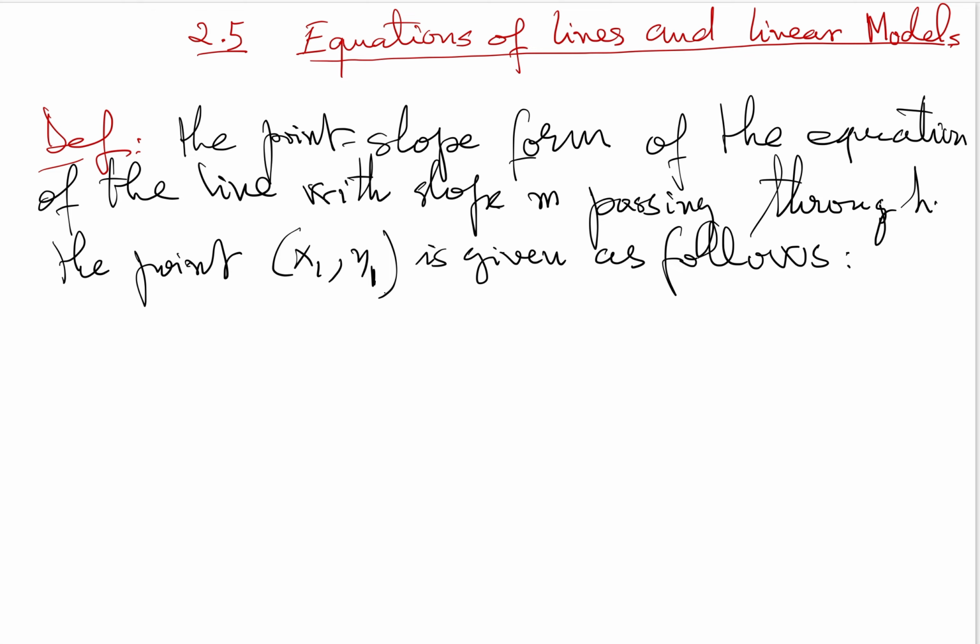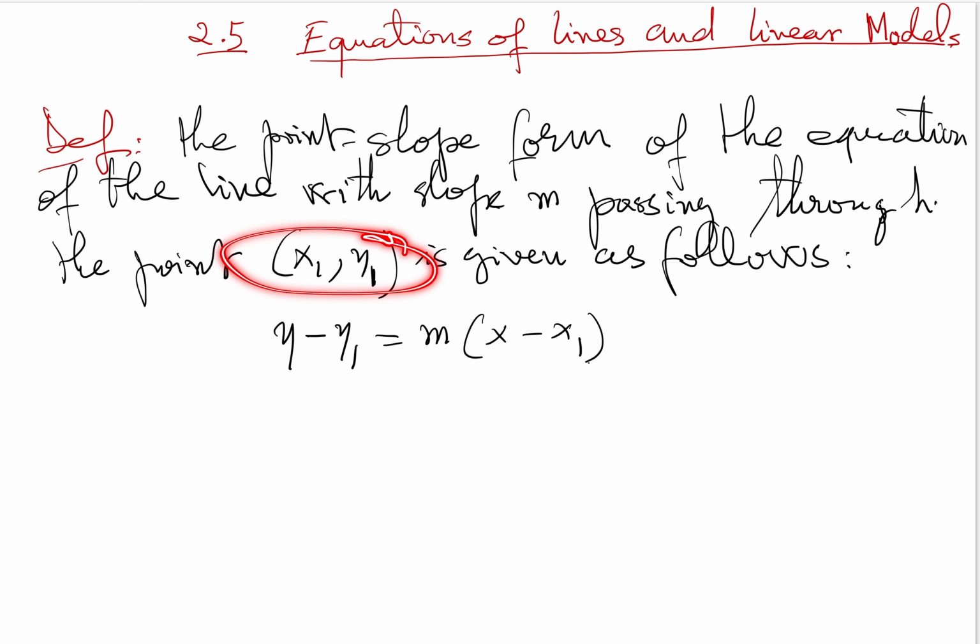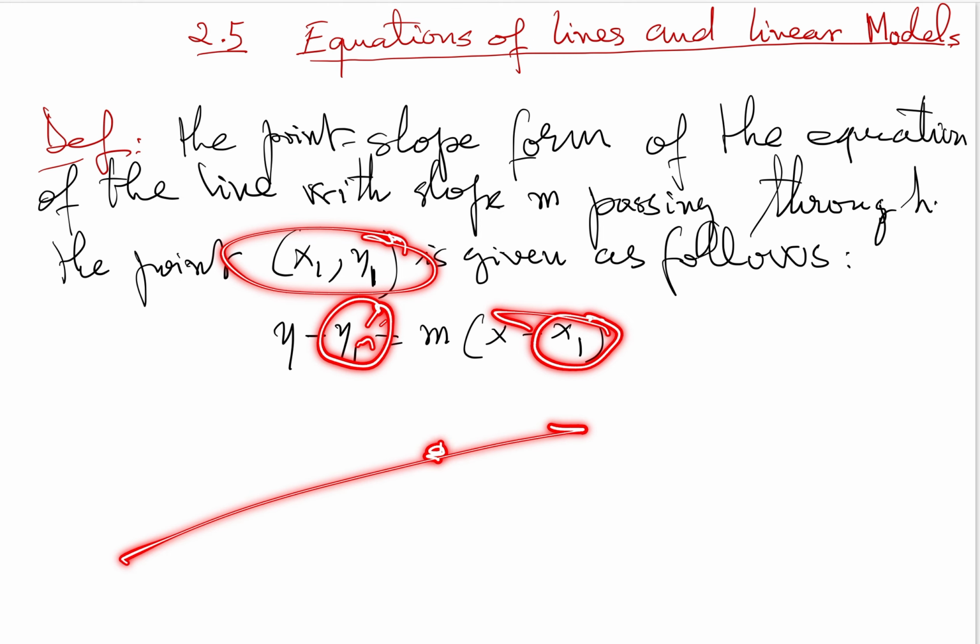So if the line is passing by a point, the equation will look like this, and that point has the coordinate x1 and y1: y minus y1 is equal to m times x minus x1. Remember the coordinate is x1 and y1. That's the coordinate of the point when the line passes by that point, okay?